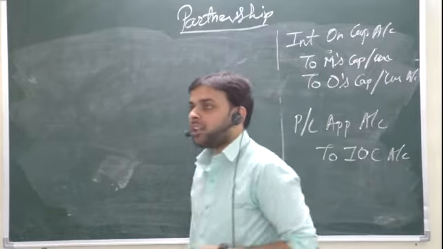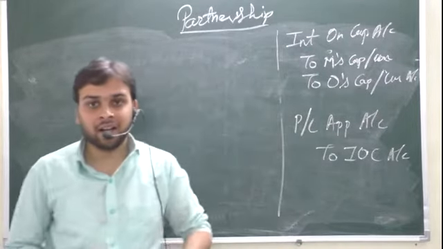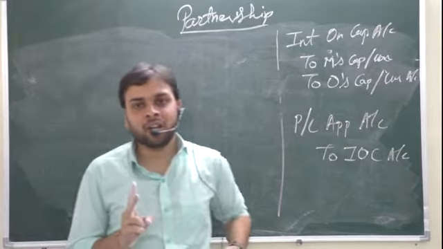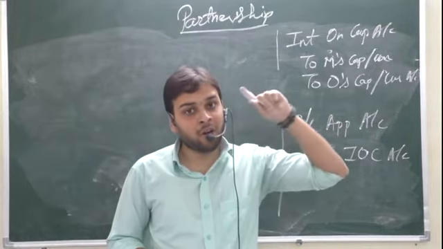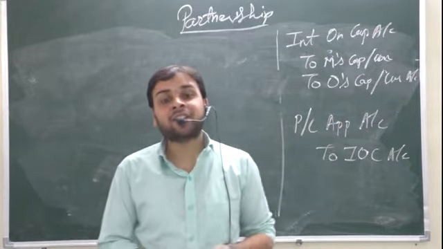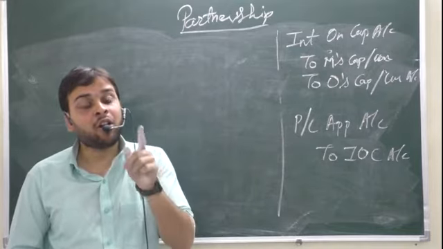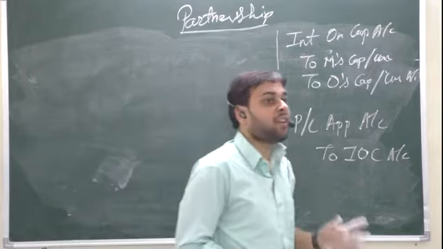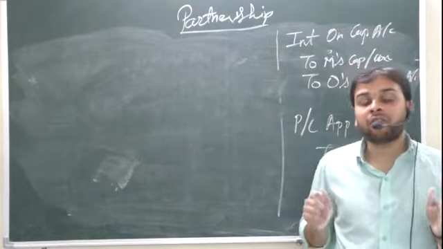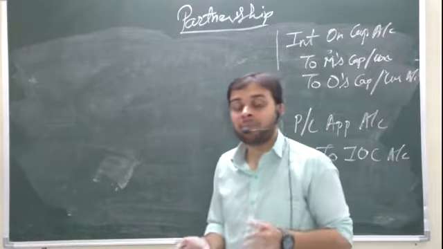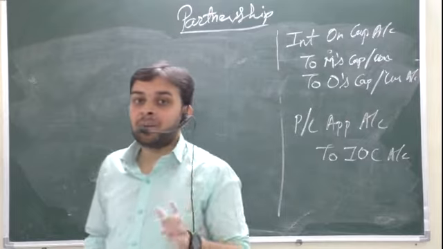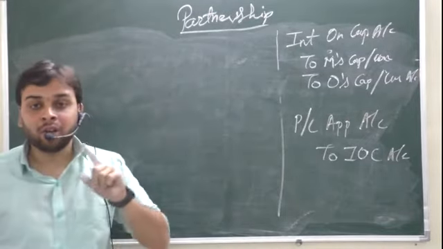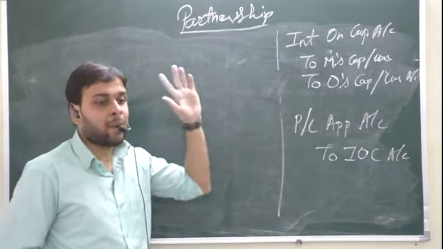But the main thing that you have to understand is that there are two types of drawing. One is withdrawal of capital and the second is withdrawal of profit. Withdrawal of profit is considered a drawing for a partnership firm, and interest will be charged on that amount, not on withdrawal of capital.